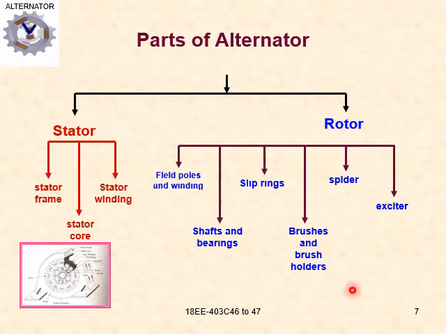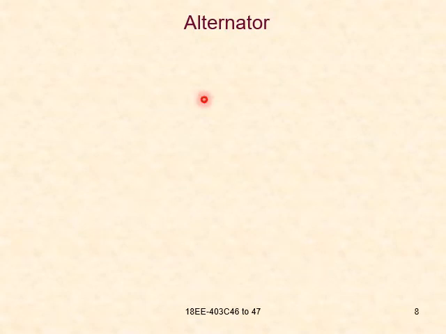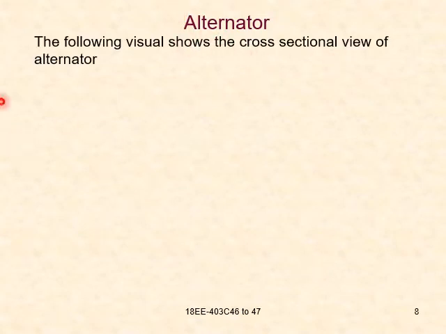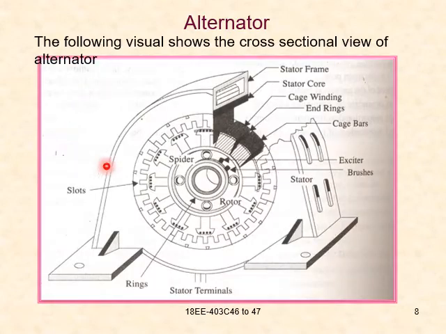Okay, moving on to the next slide. Alternator. The following visual shows the cross-section view of alternator. In the previous slide, we had a very small picture, and you can see the enlarged picture over here. You can see here, this is the stator frame, and this is the stator core, and this is the core winding with some end rings, and these are the cage bars, and this is the rotor.